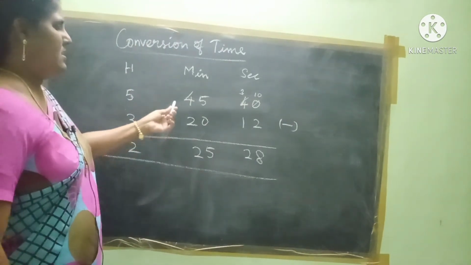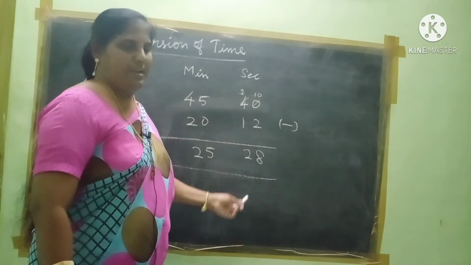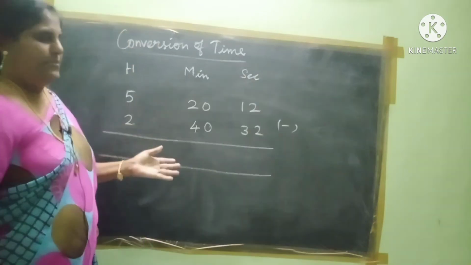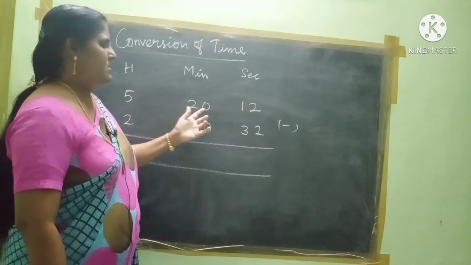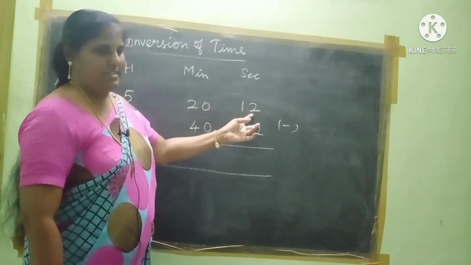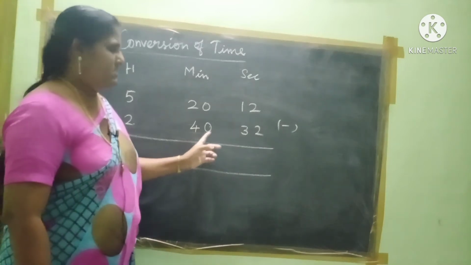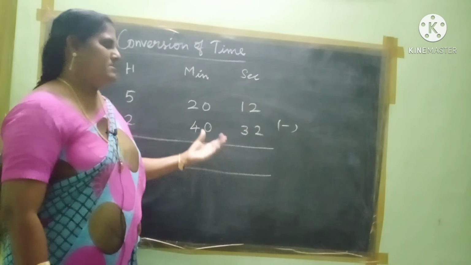If the upper number is bigger, we can easily subtract the numbers. Otherwise, if you want to subtract 5 hours, 20 minutes, 12 seconds minus 2 hours, 40 minutes, 32 seconds, how do we subtract the numbers?